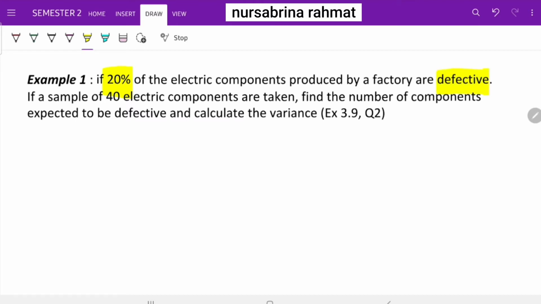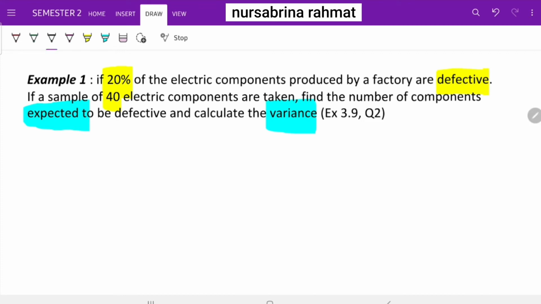If a sample of 40 electric components is taken, find the number of components expected to be defective, and calculate the variance. So they are asking you to calculate the expected value, which is the mean, as well as the variance. You can refer to your STPM Mathematics M textbook, exercise 3.9, question 2.